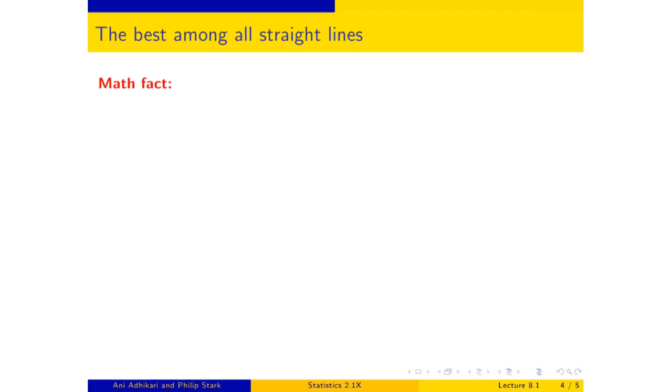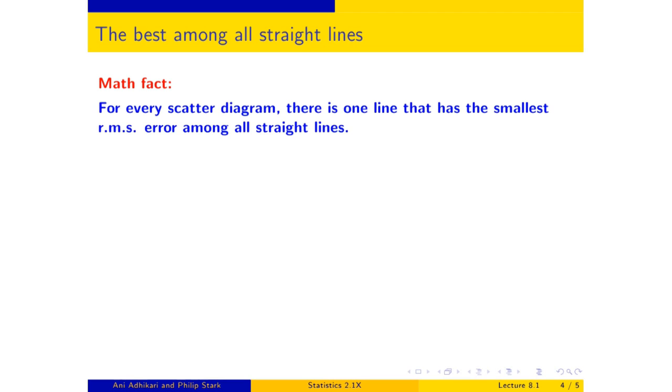Some are very large, those lines are terrible. Some are small, those are the ones you want to use. It turns out that for every scatter diagram, one line beats all the others in terms of RMS error. It has the smallest RMS error among all straight lines.